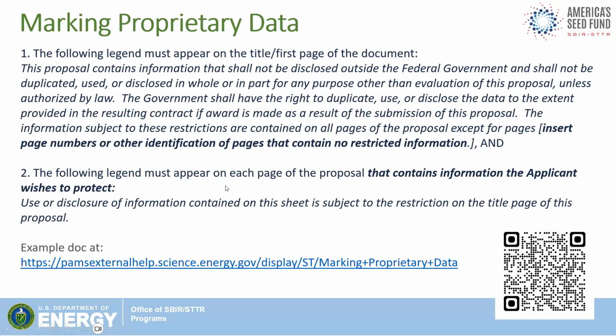And then on each page that contains information that you wish to protect, you do need to put the second legend in italics on those pages. There's no more marking with highlights or stars or brackets. I hope you find these instructions more simple and easy to follow. There are instructions at this link and QR code, including an example document.